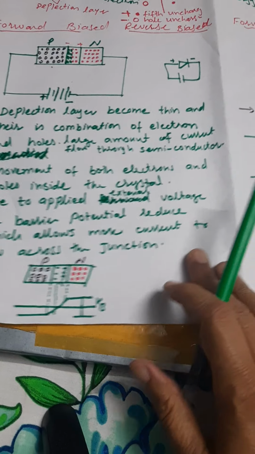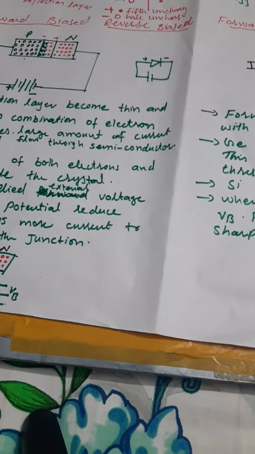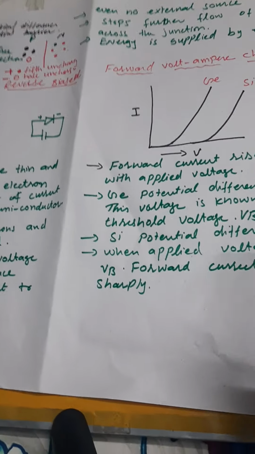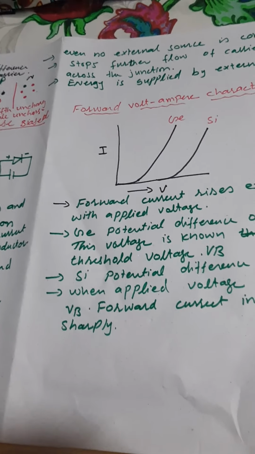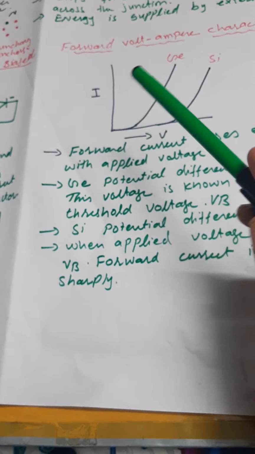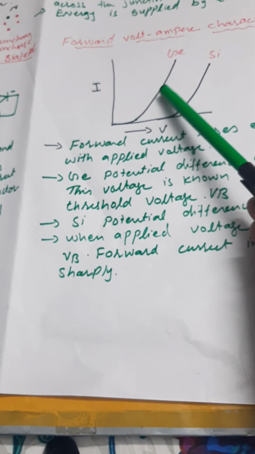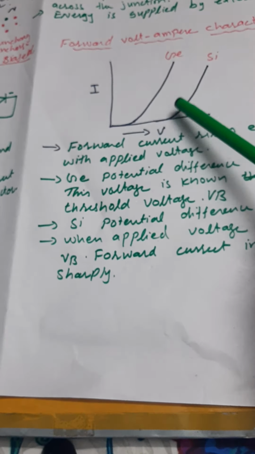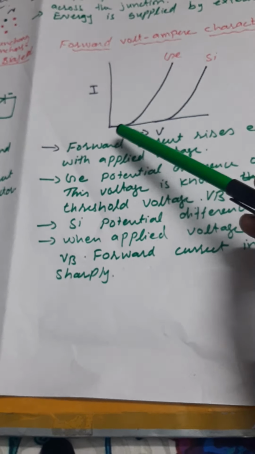If we find the forward or reverse voltage characteristics, then we see the graph between V and I, for germanium this one, and for silicon this one.